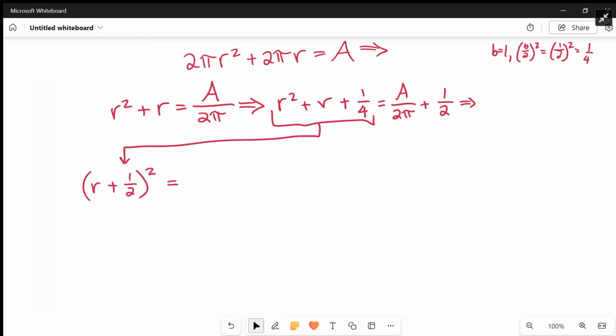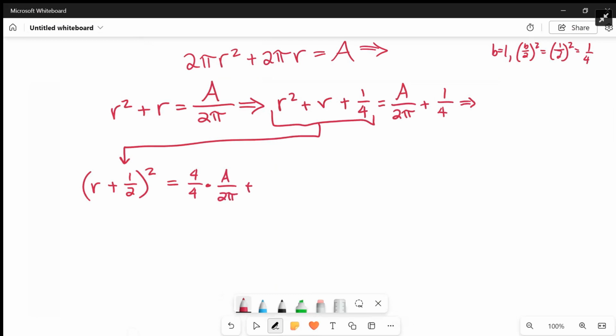That's all good. Leave that right there for a bit. I actually just realized I need to make an adjustment here. That is not a 2, that is a 4.